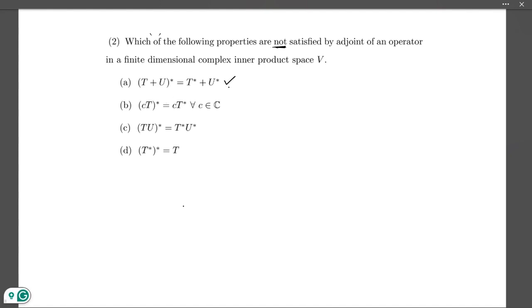This is incorrect because CT star will be C bar T star. This is incorrect because we just saw U star is equal to U star T star, right? And this is correct. So these options are correct. This is false. This is false.